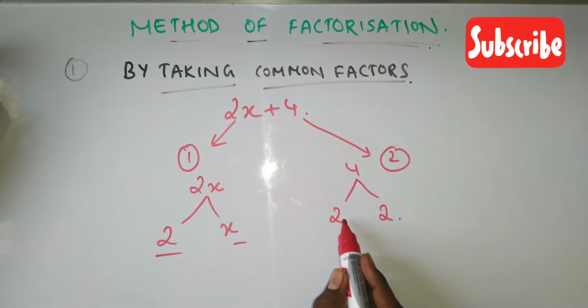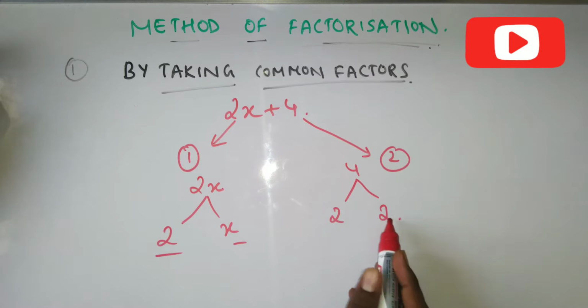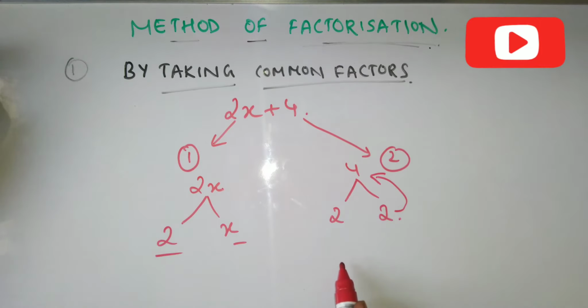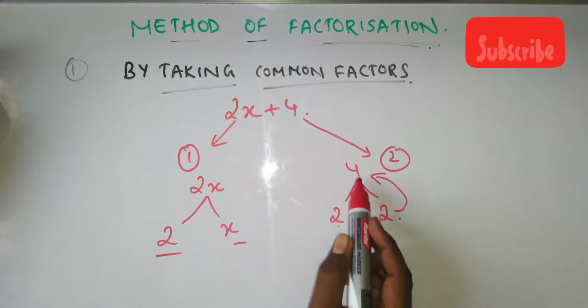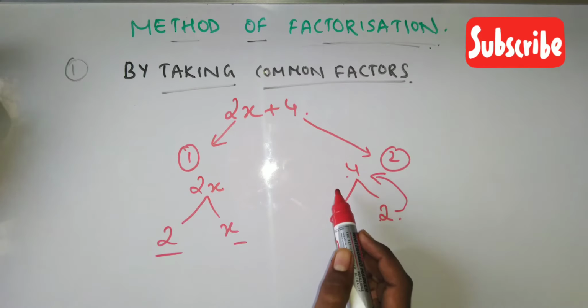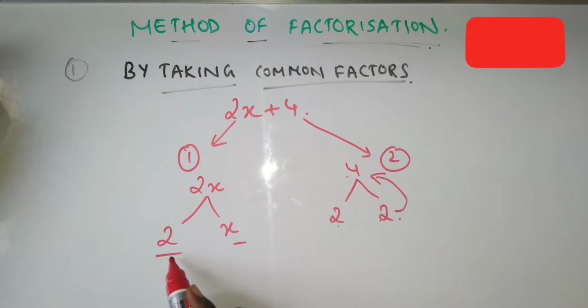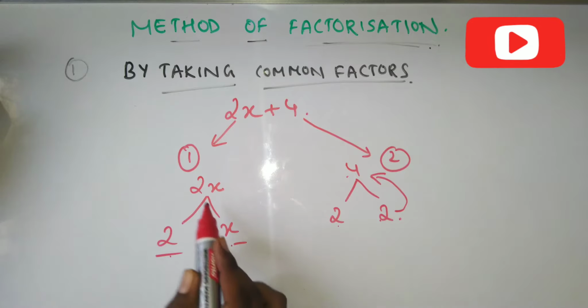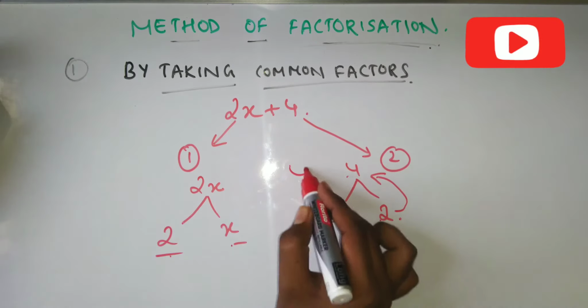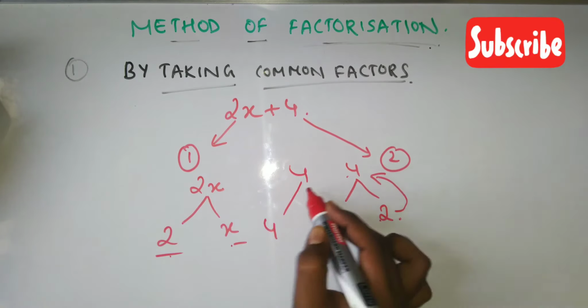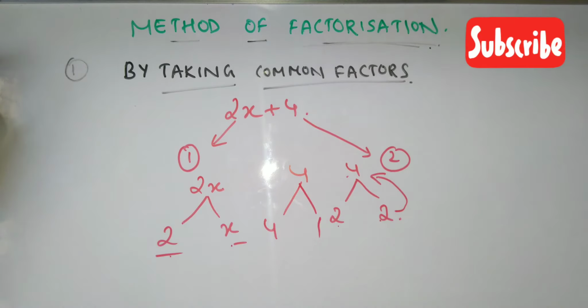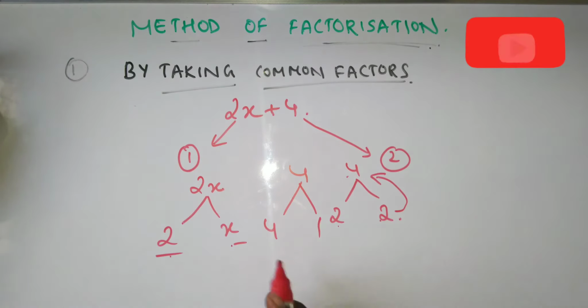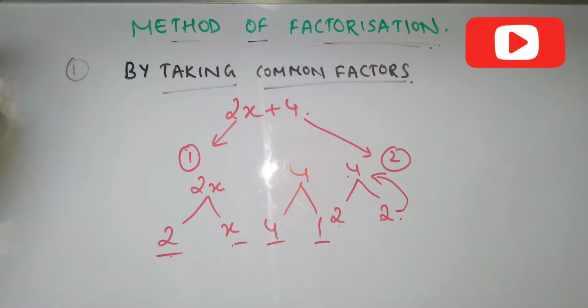because factorization means the product of factors will form a term. 2 into 2 will give me 4, and 2 into x is 2x. Suppose you ask me, why can't I write 4 into 1? Yes, you can write 4 into 1, but 4 is not a prime number.